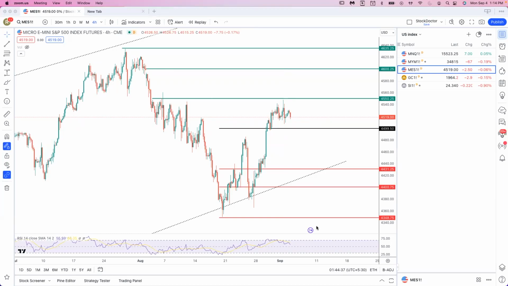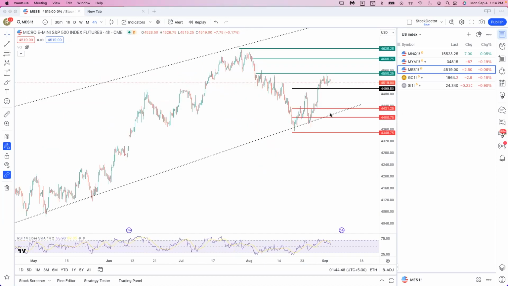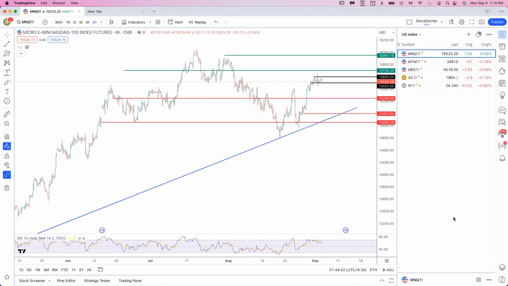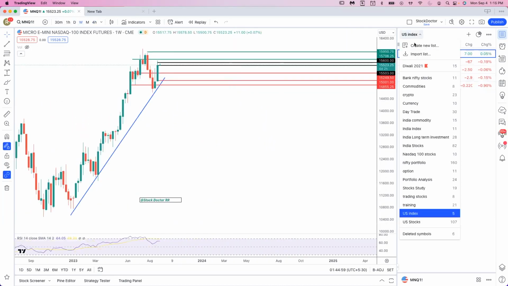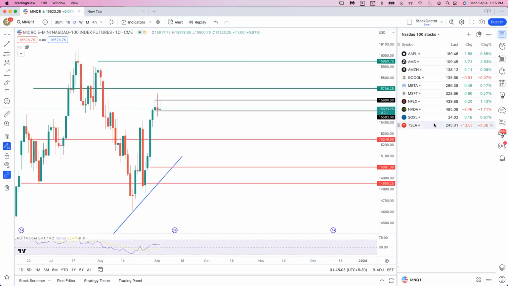Now, for me, the overall market trend should be downward, I mean, it should correct a little bit and stay there and form a base, because if we see on the monthly and the weekly time frame, all the indexes look a little overbought. So let me show you Nasdaq 100, some of the important stocks where I feel that they all are overbought and they are looking for some correction or the sidelines.